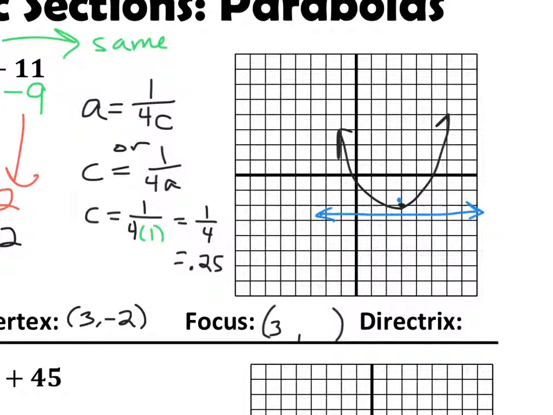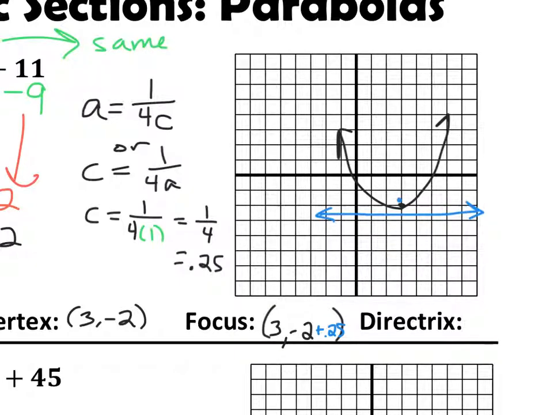Here we're going to write our vertex. And when I look at my graph, what's changing? What's changing is my y value. So I need to put plus 0.25. So my y value is what's changing. So -2 plus 0.25 because it's above, the focus is above my vertex.